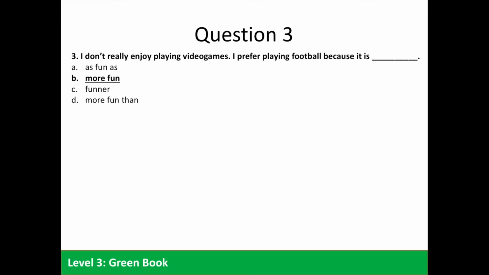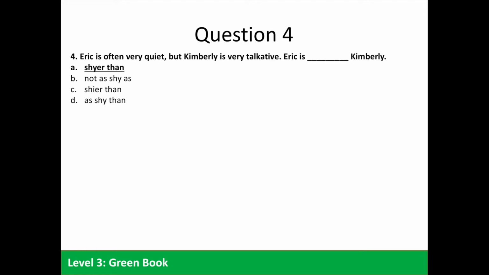Question 3. I don't really enjoy playing video games. I prefer playing football because it is blank. Here you have to remember that fun is an irregular comparative, so B, more fun, is correct. Question 4. Eric is often very quiet, but Kimberly is very talkative. Eric is blank Kimberly.